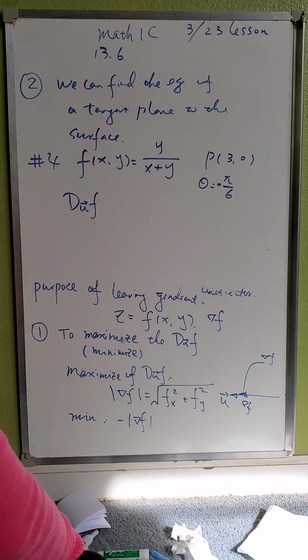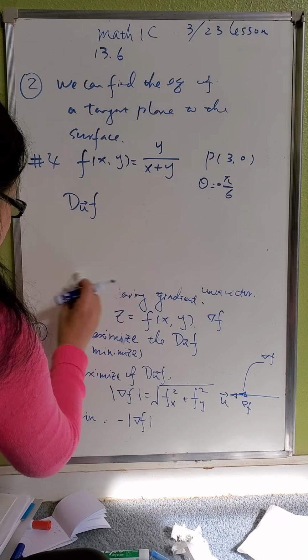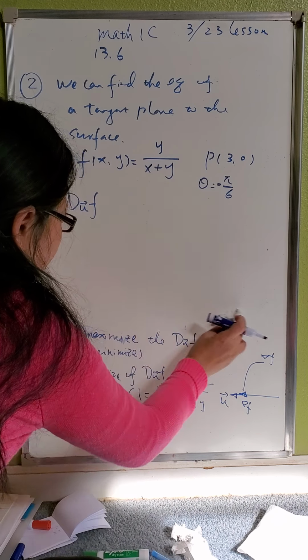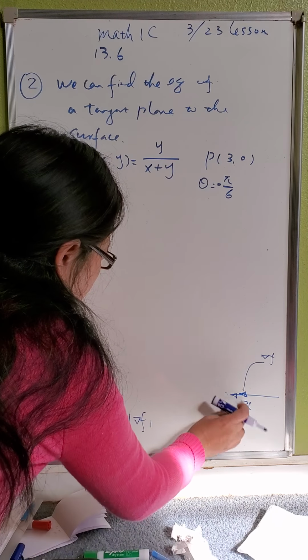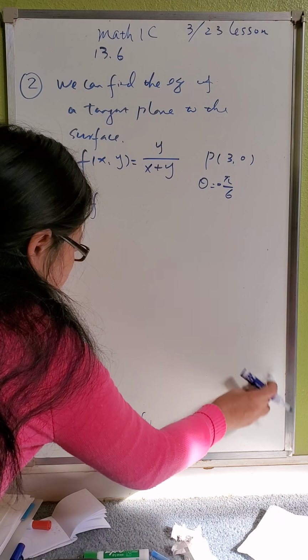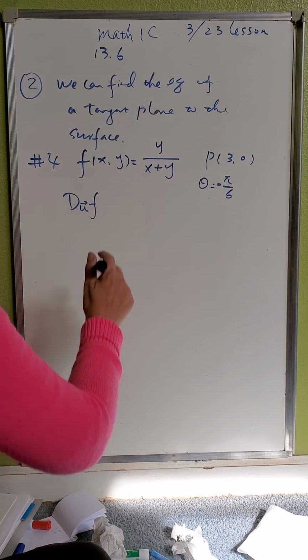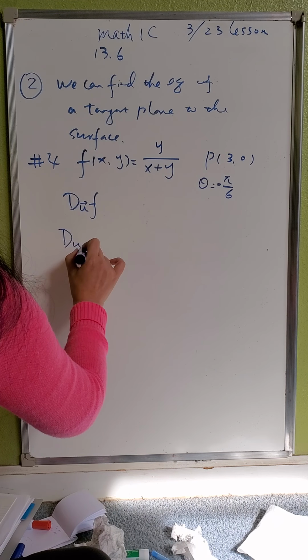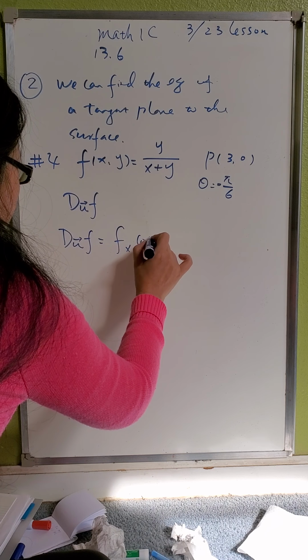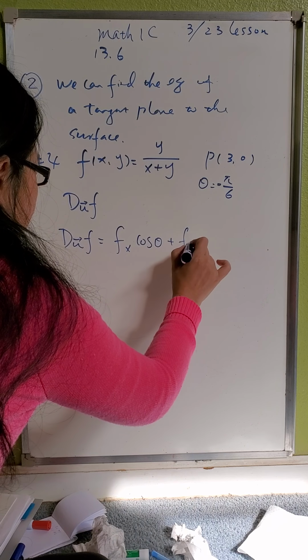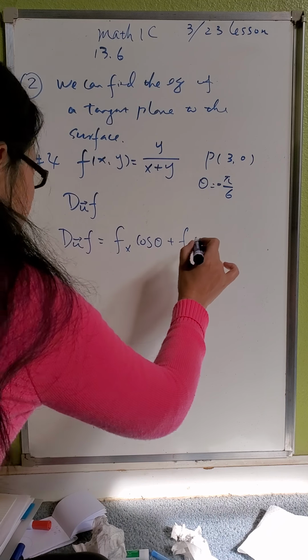Okay, well, I gave you two formulas earlier, right? So the first formula is what we're going to use. The first formula is equal to fx cosine theta plus fy sine theta.